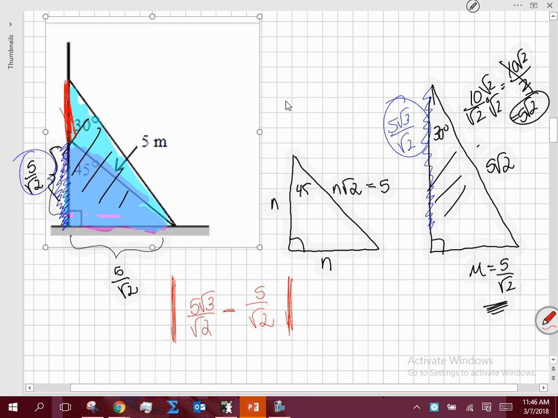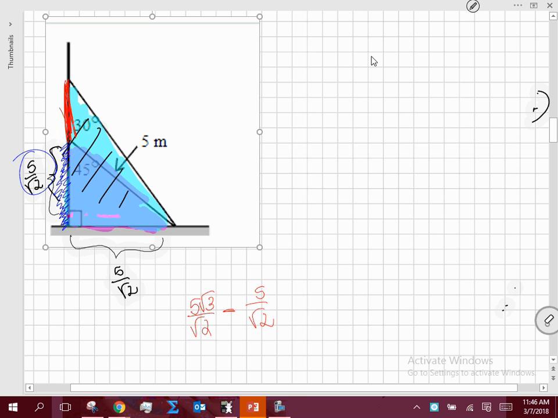Now, I'm going to do some work here because I think it's important that we understand how we can do this by hand, because I don't know, on the end of course exam, maybe they ask you to write the exact answer, okay? So let's see if we can do this difference. I don't like the way either of these are written because they have radicals in the bottom, right? So I'm going to rationalize both of them. I'll do that individually here. 5 radical 3 divided by radical 2, I would multiply by radical 2 over radical 2, right?